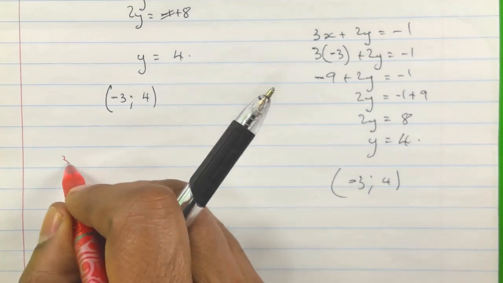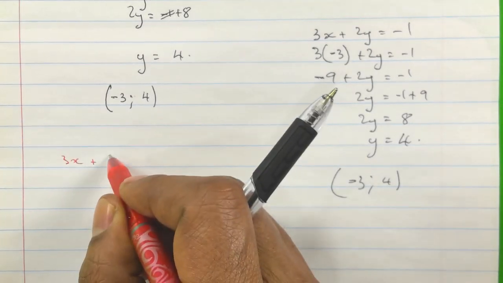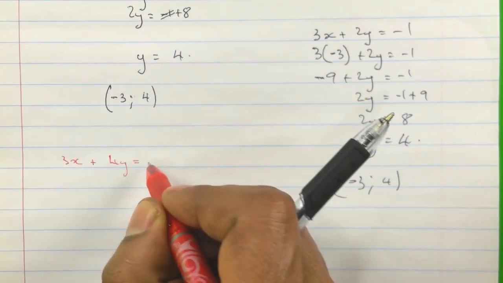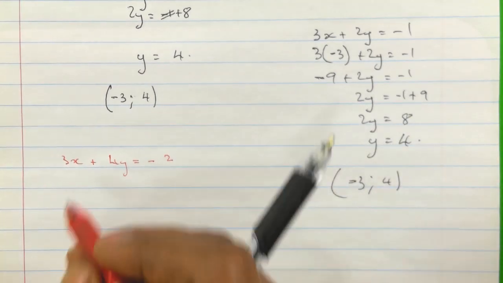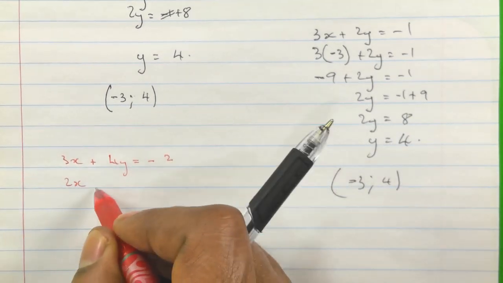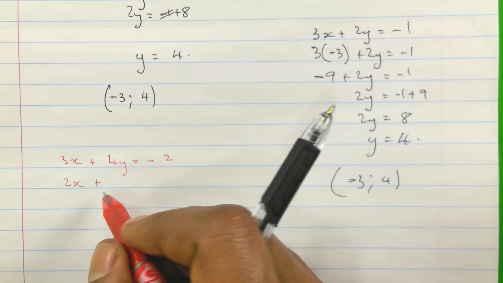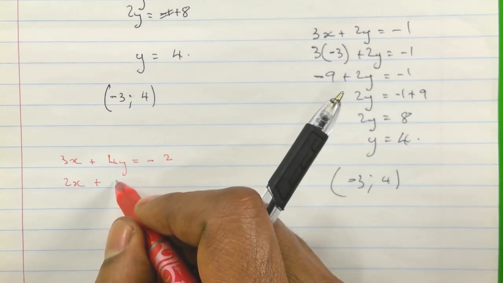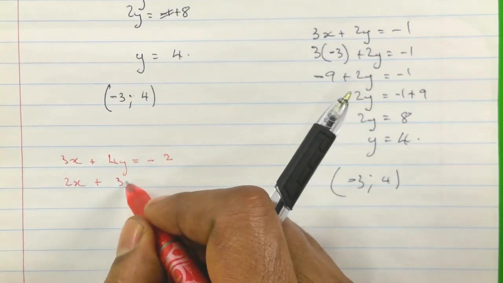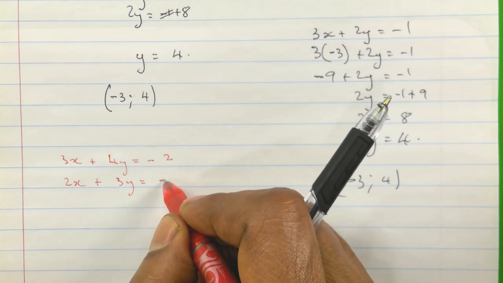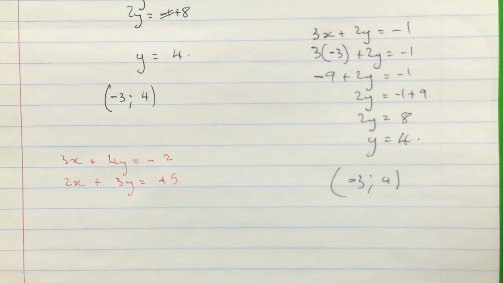If you get something like 3x plus 4y is equal to -2, then you have 2x plus, let's say, 3y is equal to 5. Let's just put it like that.